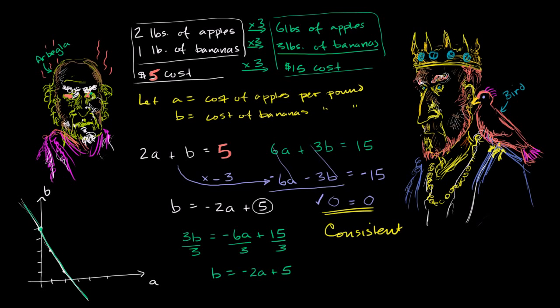This system of equations is dependent, and you have an infinite number of solutions. Any point on this line represents a solution. So you tell our Bagla, well, if you really want us to figure this out, you need to give us more information, and preferably by a different ratio of apples to bananas.